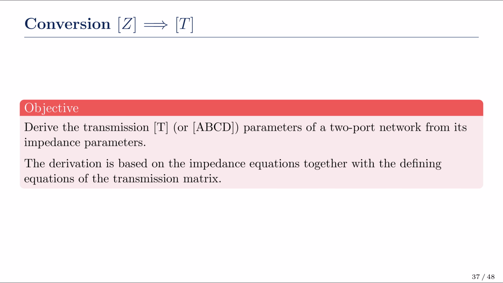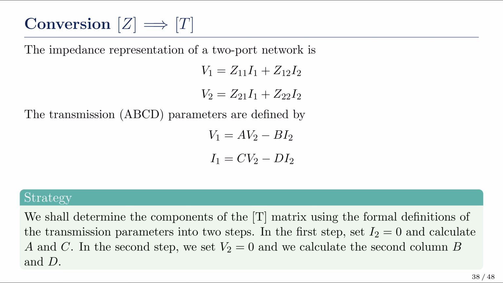We shall combine the impedance equations with the formal definition of the transmission parameters. We first write the impedance equations and recall the definition of the transmission parameters. Instead of determining all four parameters at once, we calculate them column by column. First A and C with I2 equal to 0, then B and D with V2 equal to 0.